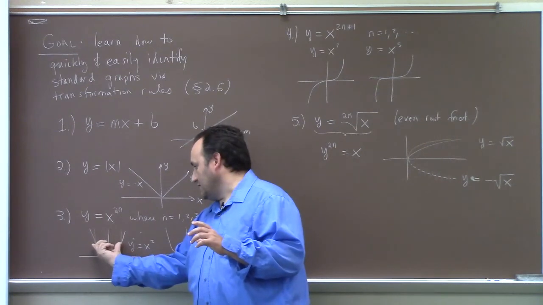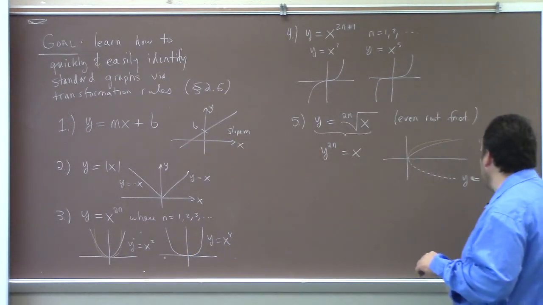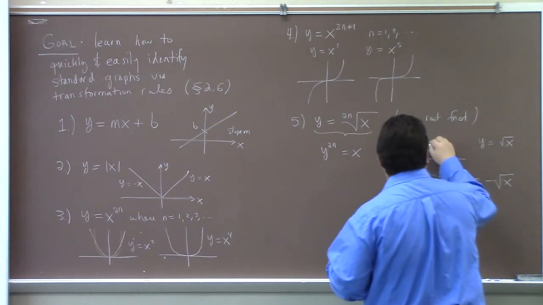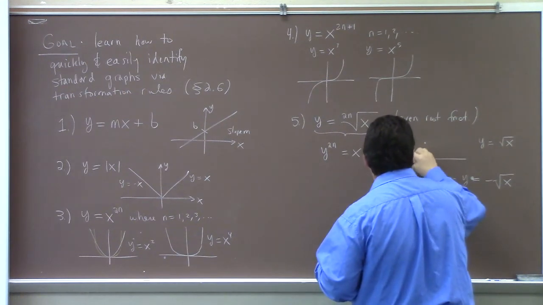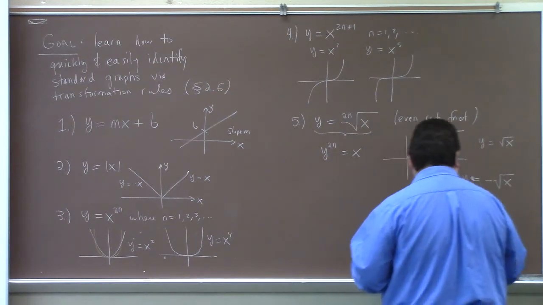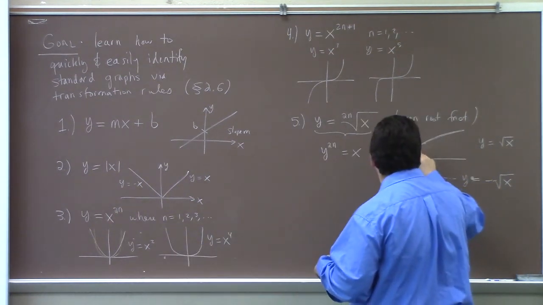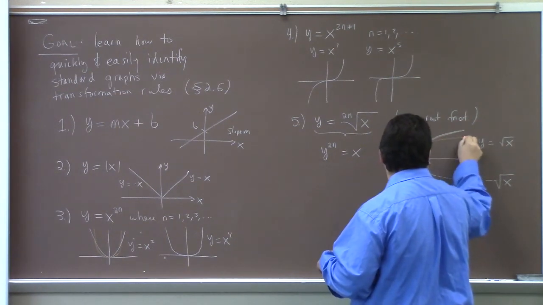They all intersect through these points. And likewise, when you look at these guys, the point 1, 1 is in the graph, so the square root's more like this. But the fourth root, if I was to draw it, would be more like that.